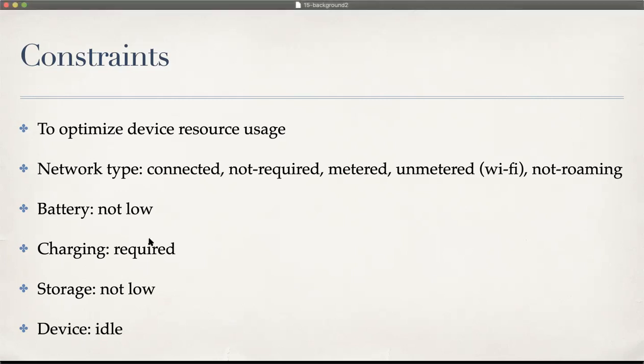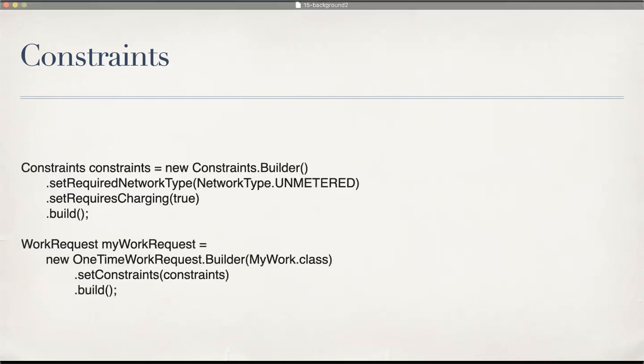So now let's look at an example of how to do that. The Constraints class has a builder, which you can create like this, and then you have setters of different types. So set required network type, and then it takes this particular value. Options for this value, as we saw, include unmetered, not roaming, and so on.